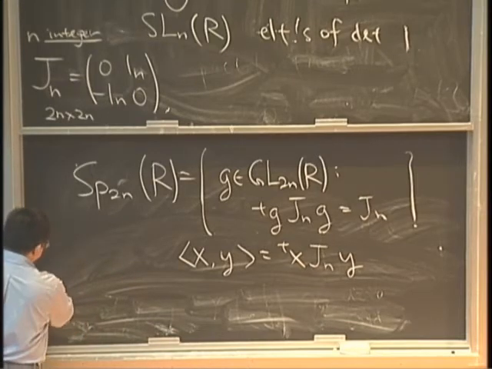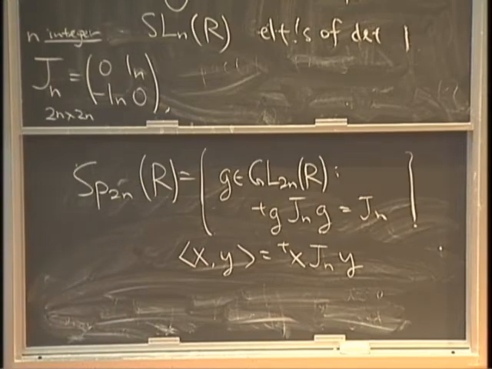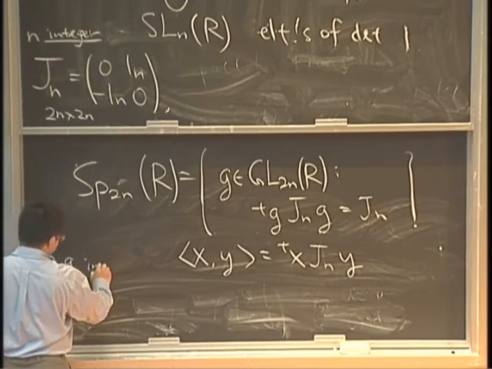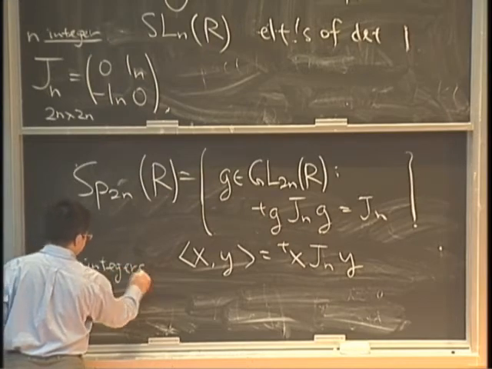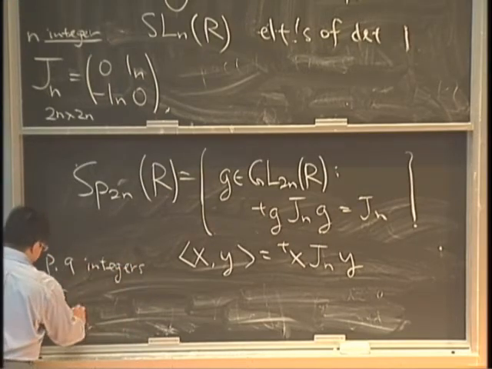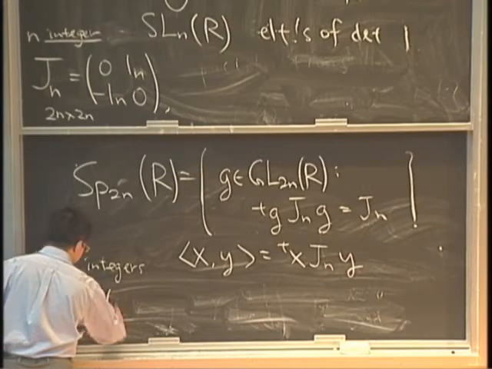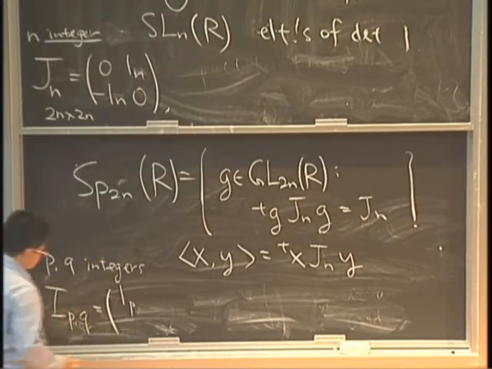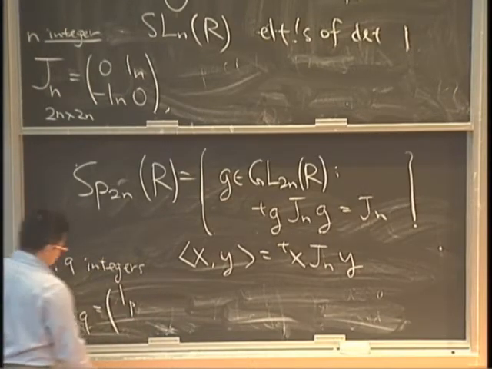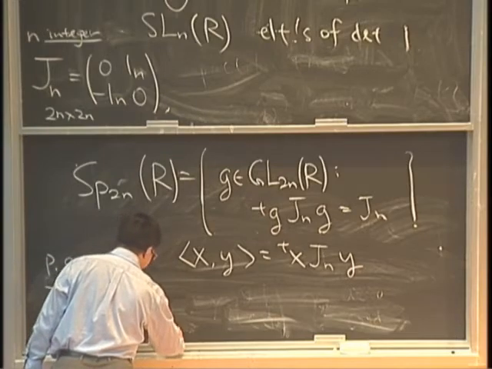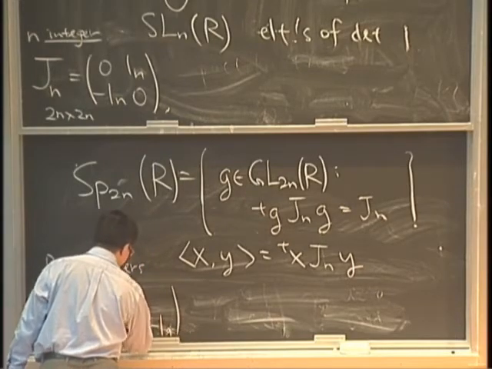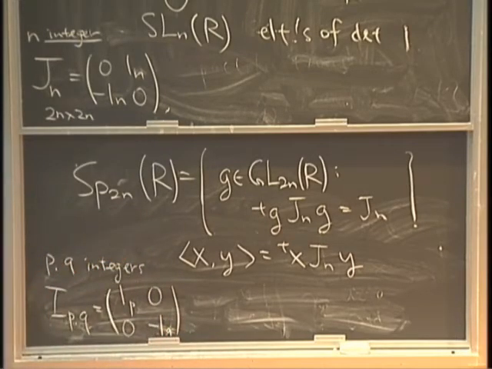Okay, and then also you can define other things. For example, let me say if you have p and q integers, now I define this I_{p,q} to be just this diagonal matrix with the first p entries being 1, the last q entries being -1, and put 0 elsewhere. When I write all these block forms, I'm going to freely use the automatic adjustment of sizes.